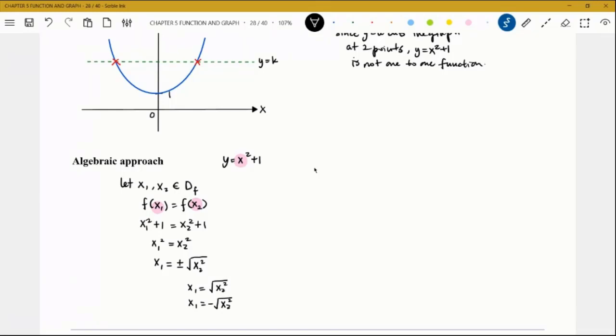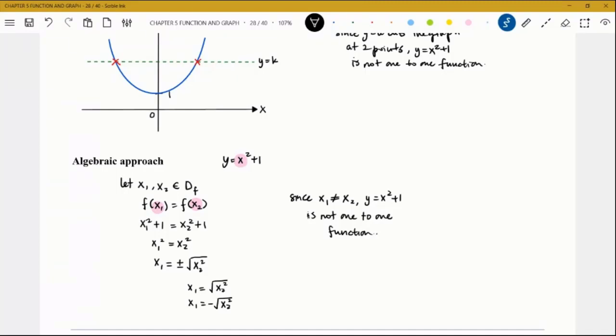Okay. So since we have two values, it means x1 is not equal to a single x2. Literally, y equal to x squared plus 1 is not a one-to-one function. Okay, so that's how we do the algebraic method.